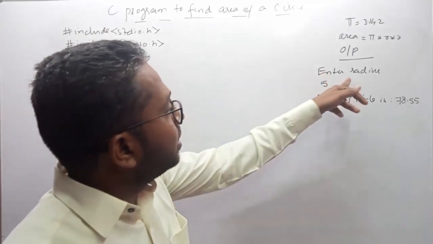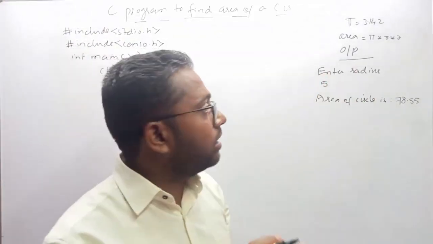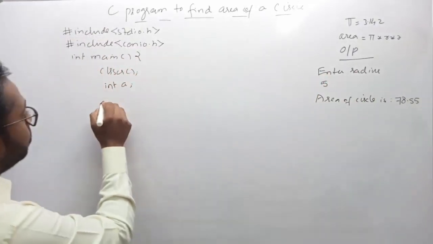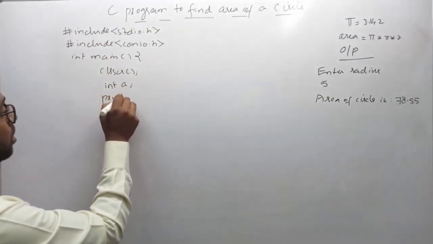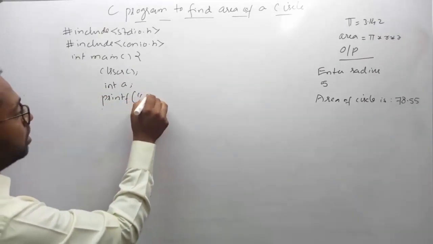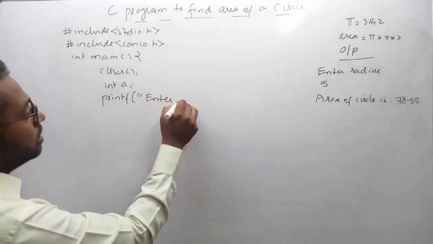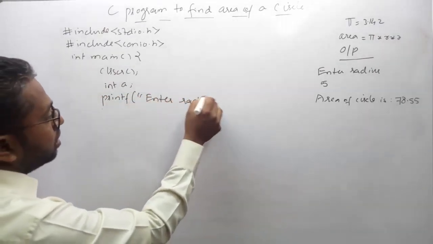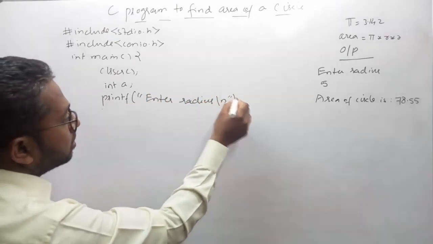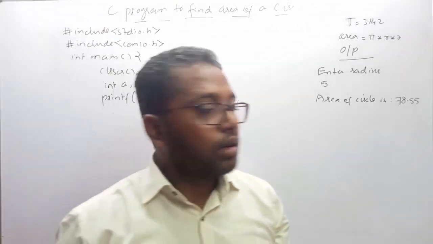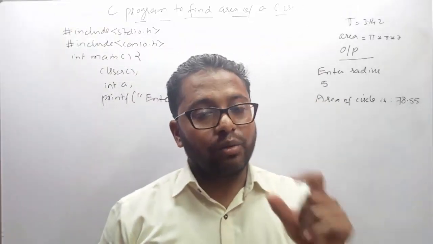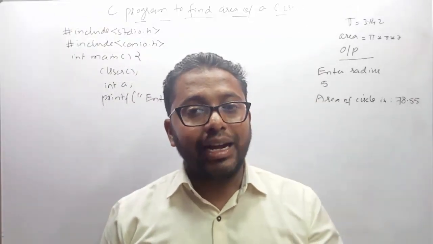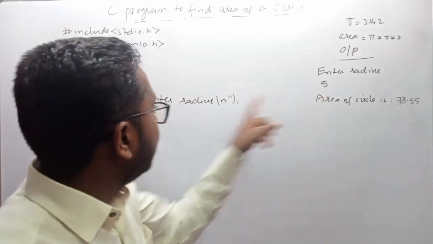Next I need to display this message to the user, enter radius. To display that output message, we should use the printf function with the message enter radius. Now after seeing this message, the user will enter the value, and that value we need to read and store inside variable a.